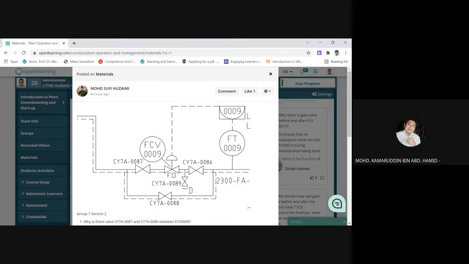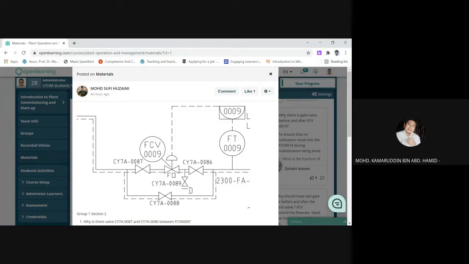Sebab tu kalau tengok instrumen sensor yang dengan alarm ni adalah sentiasa dia dalam kotak, within the box. Dan dalam box tu akan ada 2 types of alarm, high dengan low alarm. And from that we know which variable is very important.